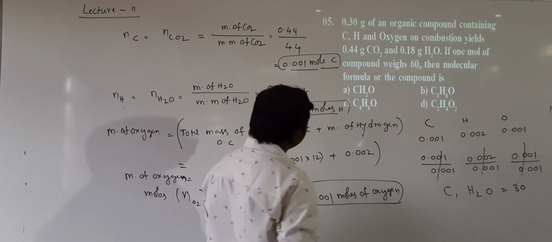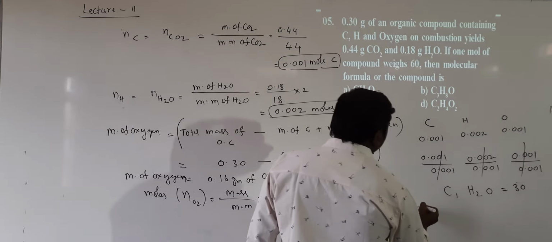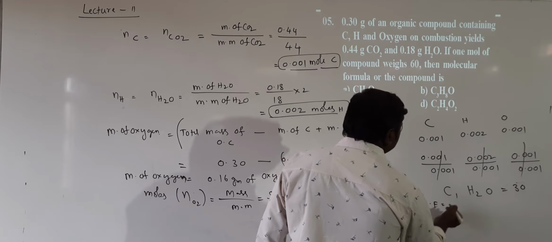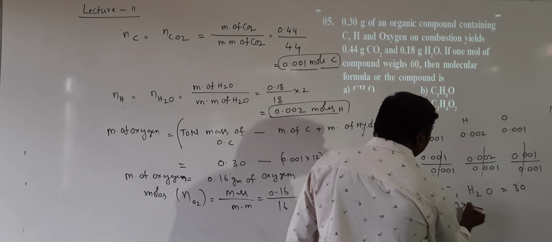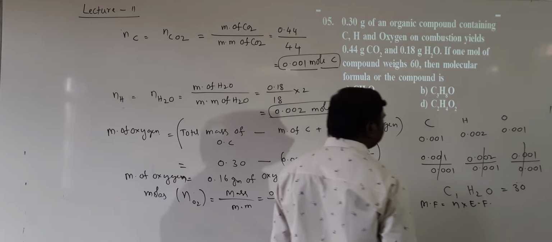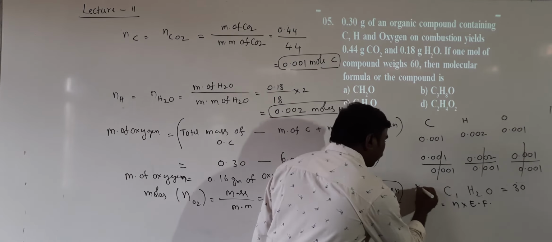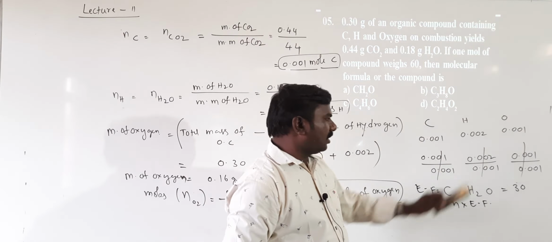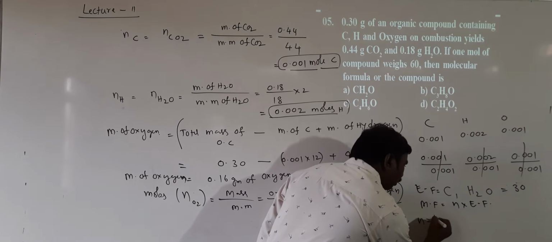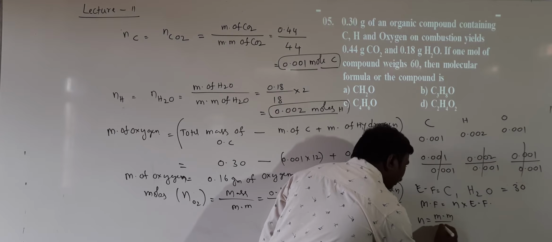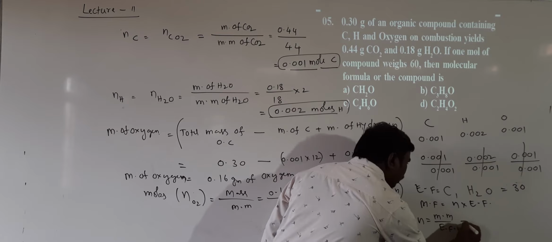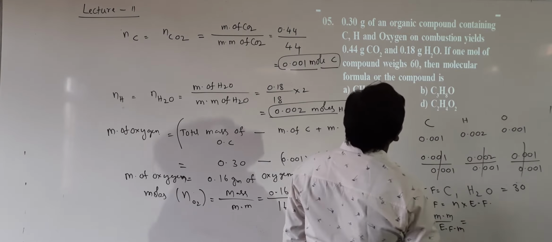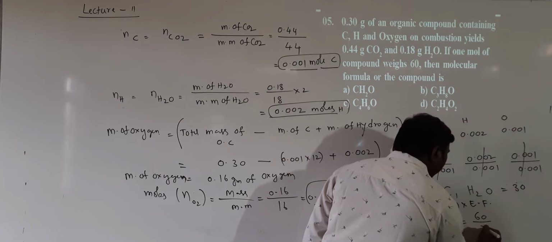Now, molecular formula equals N into empirical formula. CH2O is the empirical formula. Its mass is 30. N equals molecular mass by empirical formula mass. Molecular mass equals 60 given, by 30.